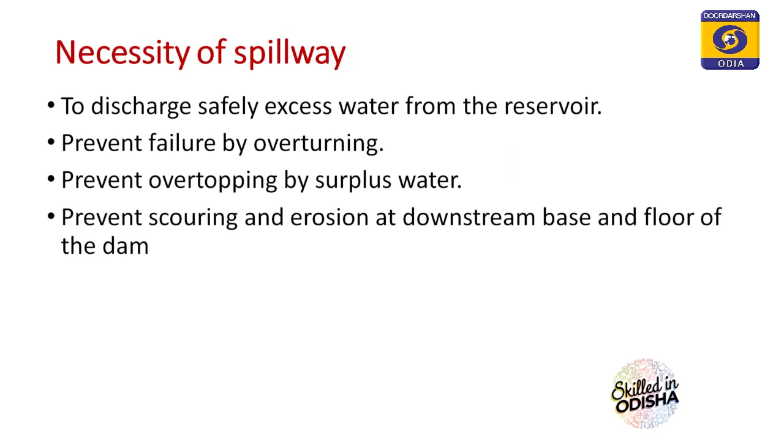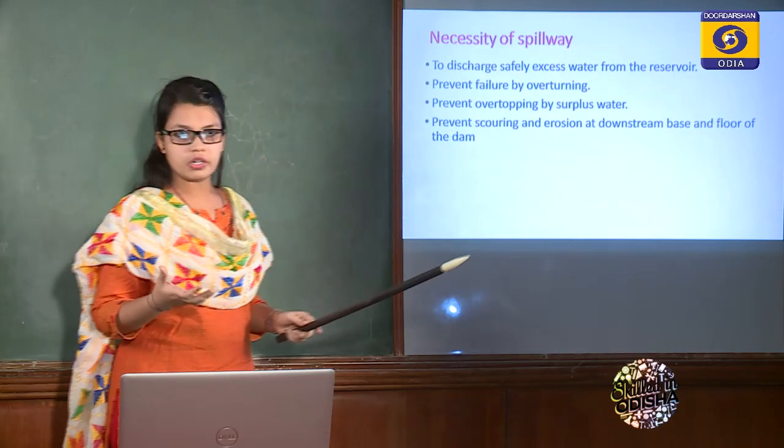I've already mentioned that the water is allowed to be stored up to the normal pool level, as I have shown in the previous slide. Why? What happens when it rises above that normal pool level? The dam is basically designed, or constructed, according to a particular maximum reservoir holding capacity and for a particular fixed height. So when the water rises above the normal pool level, additional pressure will be exerted on the dam.